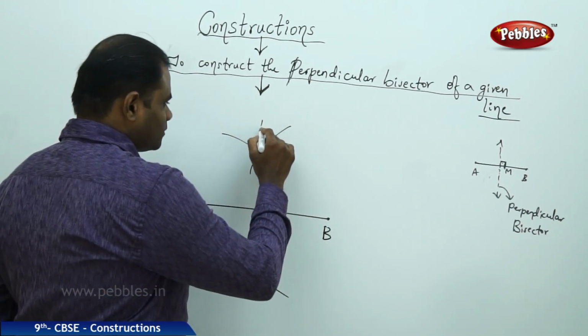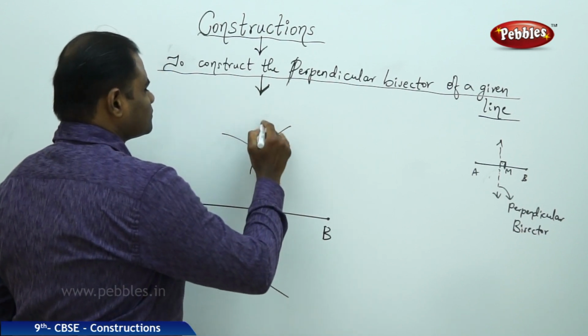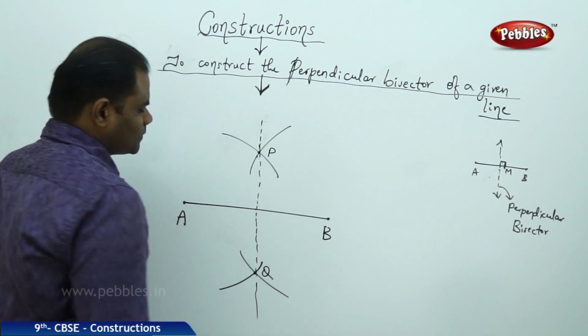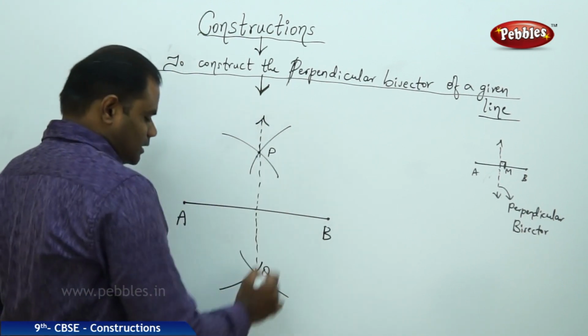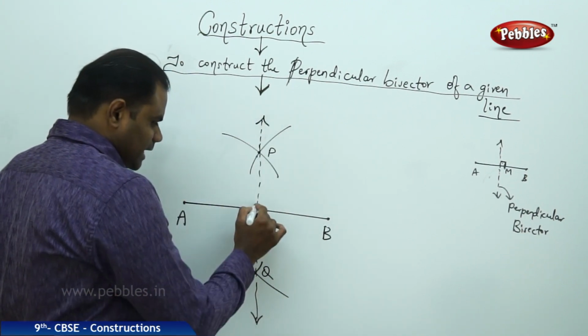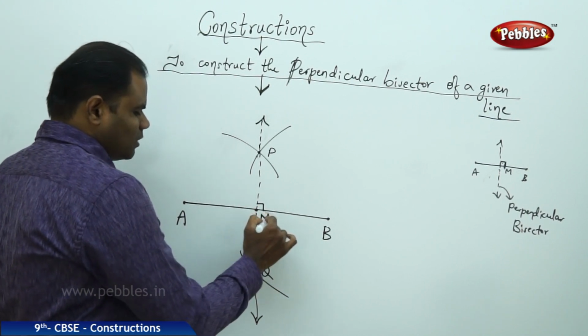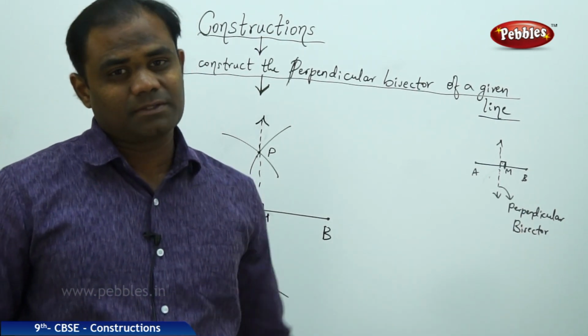Let me join the two points P and Q using a ruler. So when I draw this with a ruler, I get a line which is exactly in the middle and perpendicular to AB. That is how the construction of the perpendicular bisector is defined.